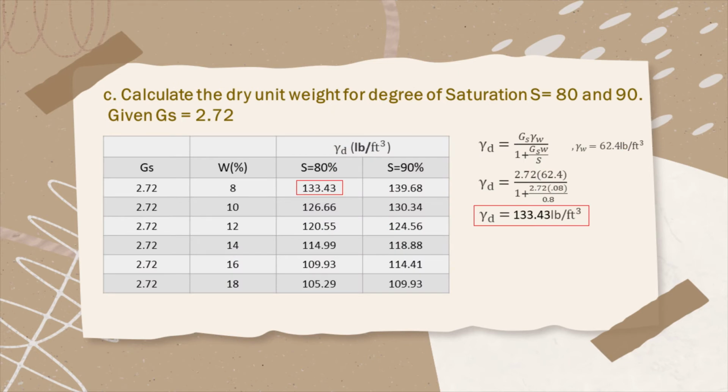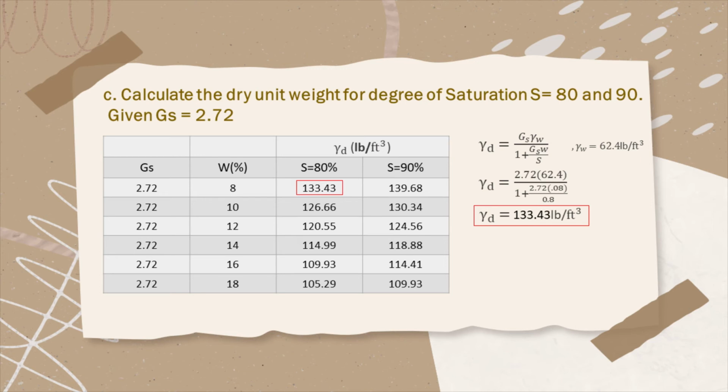And the last question is to calculate the dry unit weight at the degree of saturation of 80% and 90%, given the specific gravity of solid 2.72. We will be using this formula for the dry unit weight: dry unit weight is equal to the specific gravity of solid times the unit weight of water over 1 plus specific gravity of solid times the moisture content over the saturation.